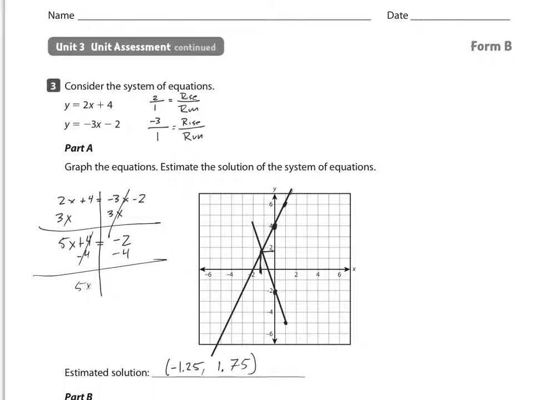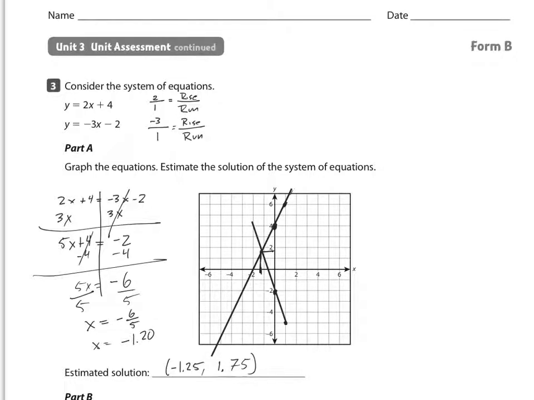You get 5x is equal to negative 6. Divide by 5, divide by 5, and your x value is going to be negative 6 over 5, which is the same thing as saying negative 1.20.